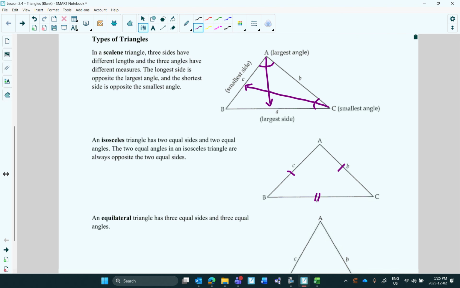And if it's got two sides the same, the angles opposite the sides, so these two angles here, capital B and capital C, they'll be the same. And then this one will be a different measure.